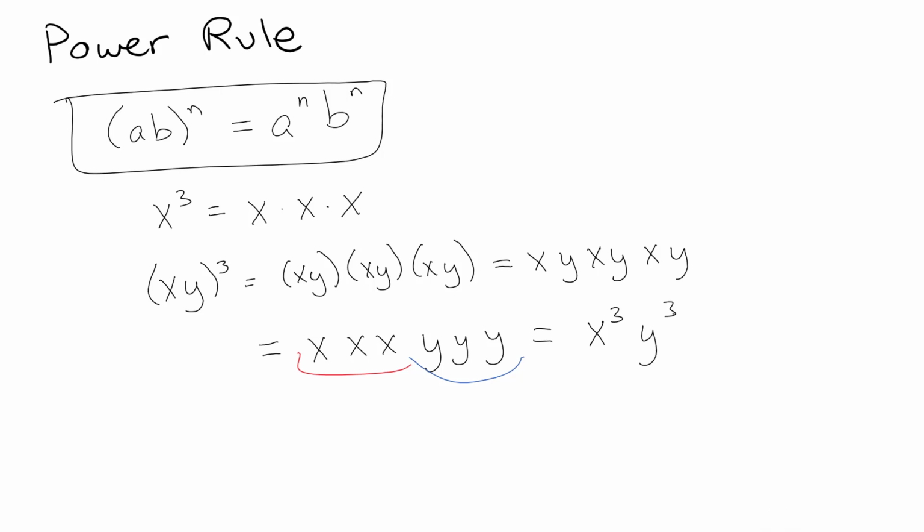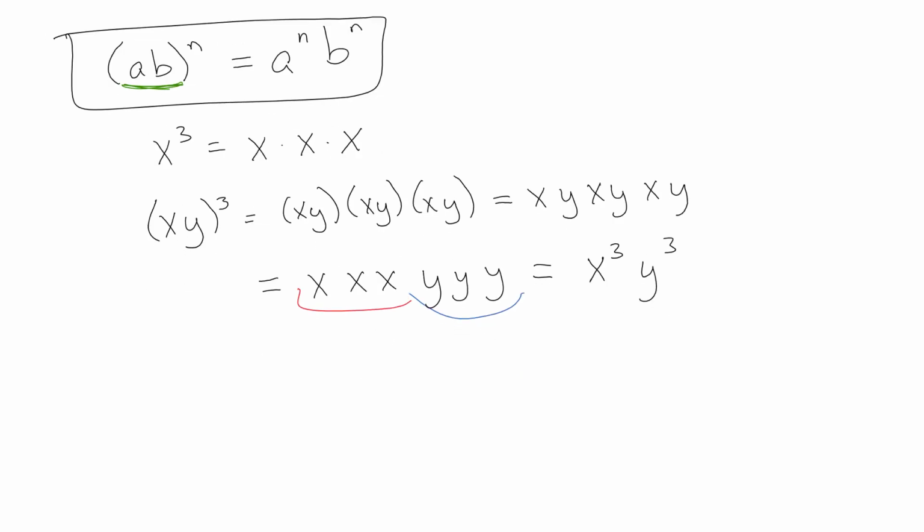So basically that's what our power rule is saying: it allows us to go from here to here without all those intermediate steps. If I have a times b to some power, that's equivalent to a to the nth power times b to the nth power. It would apply for as many things as I wanted.